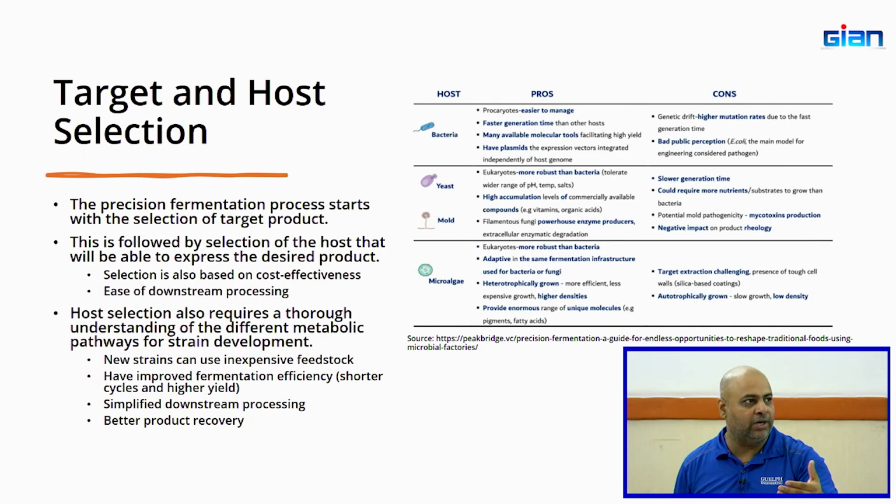You're making a new strain, but you can use a different type of feedstock for your process. And then you can have an improved fermentation efficiency. That means shorter cycles and higher yields, and you can also have simplified downstream processing and better product recovery.